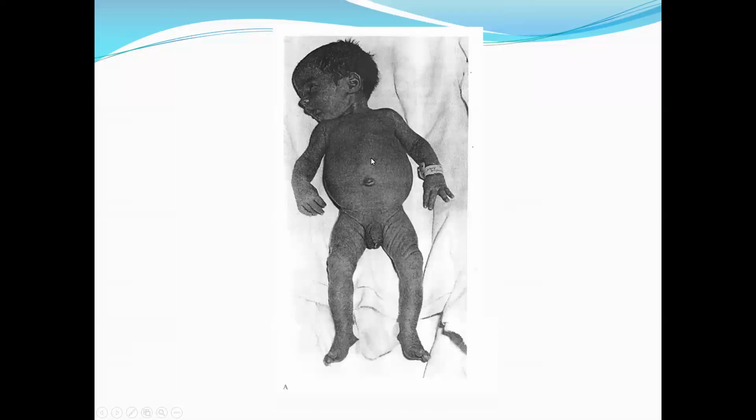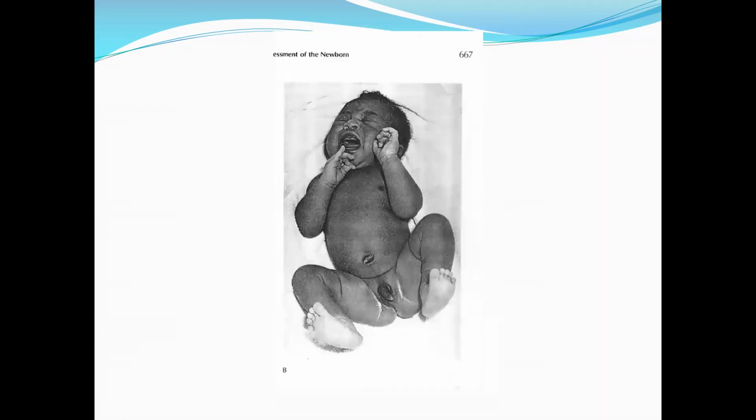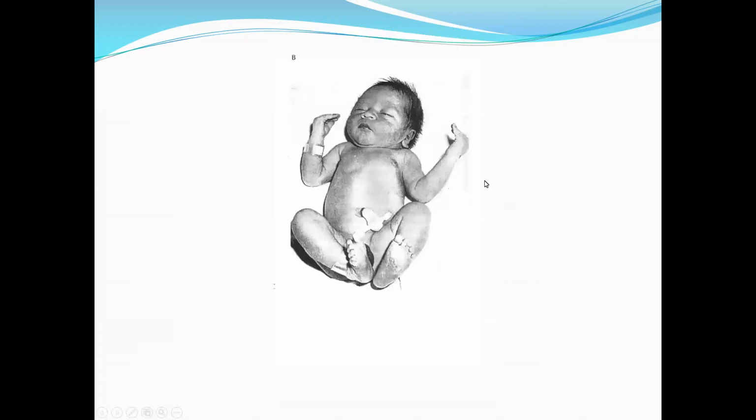Okay, we're going to come back to this slide. So this is a preemie that doesn't have much flexion of the arms and legs. This is fully developed. You see the difference in the flexing. And then the wrist sign, fully developed, they can bend the wrist.